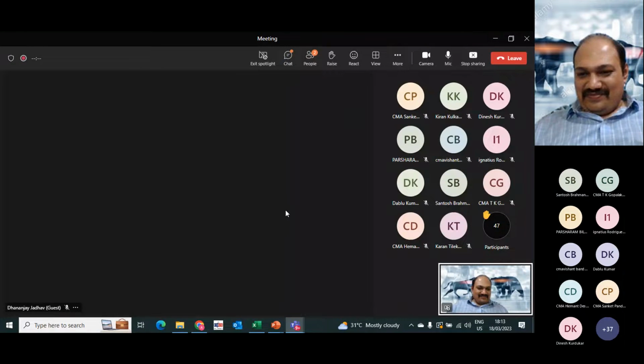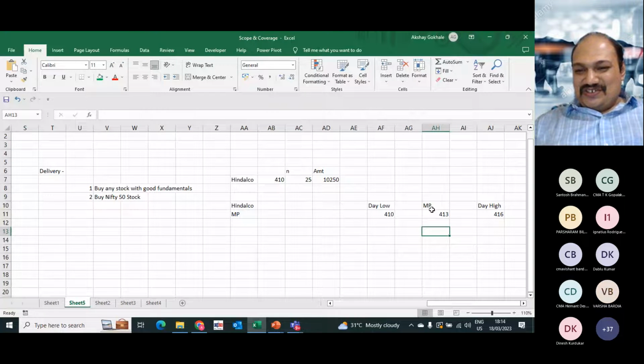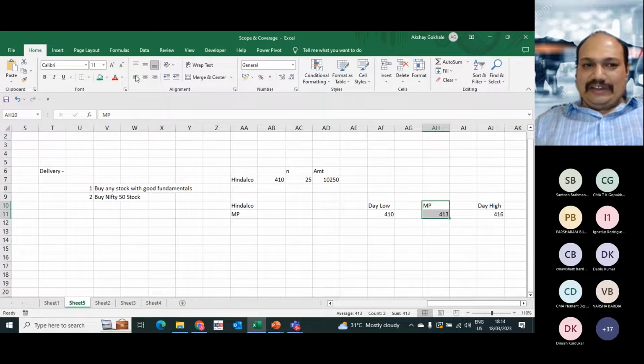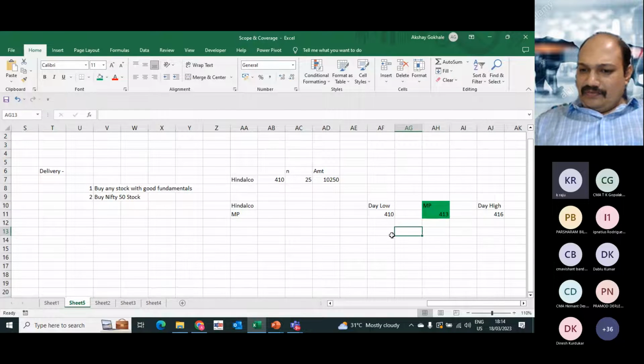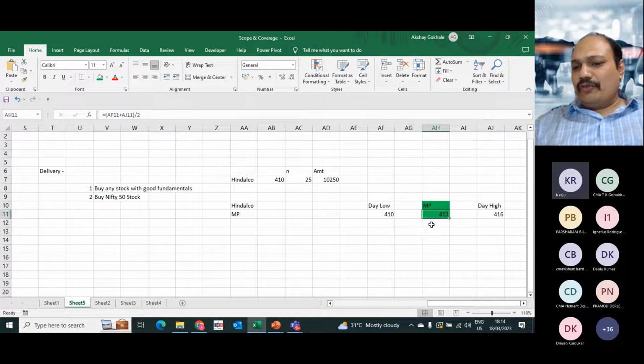Okay, sir. So your midpoint will be 413, right? In this scenario, Hindalco will go either above 413 or below 413. Only two probabilities are there.